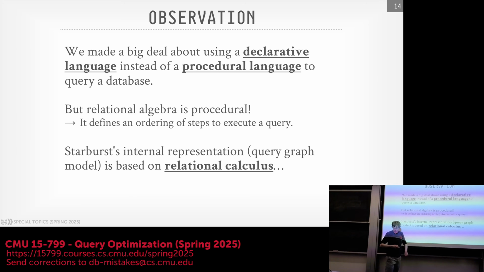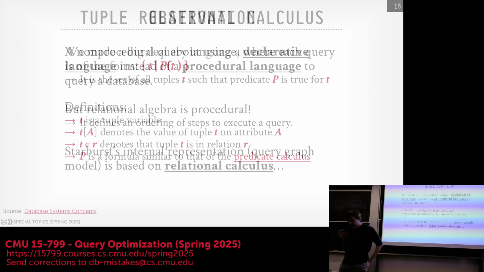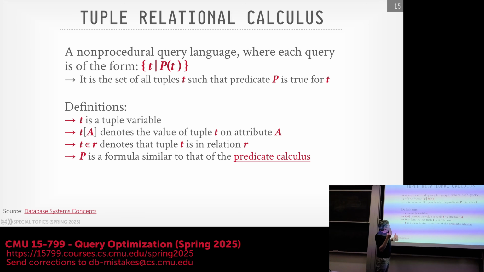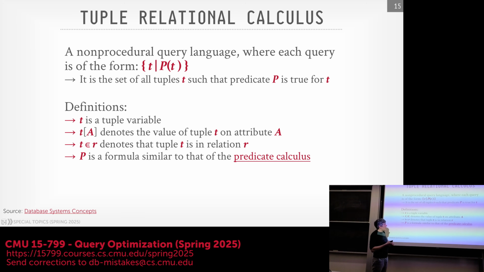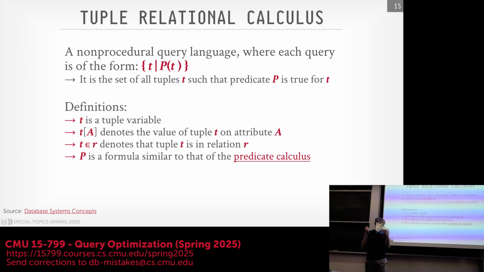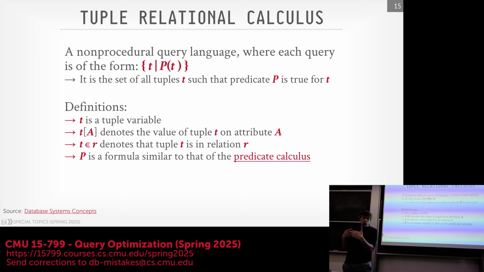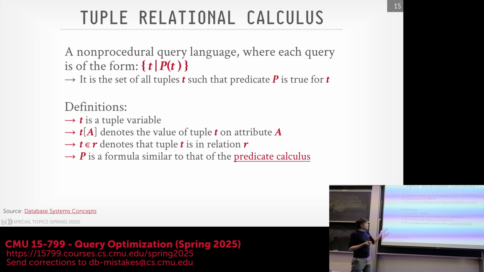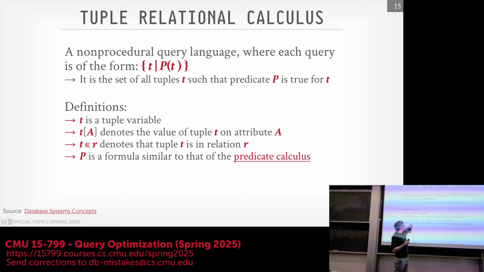You're doing query optimization. But it's not that hard, okay? The basic idea is that it's a higher level non-procedural language where the calculus is basically forming tuples based on some predicate.